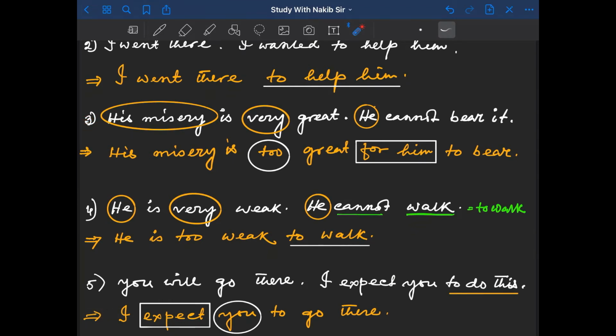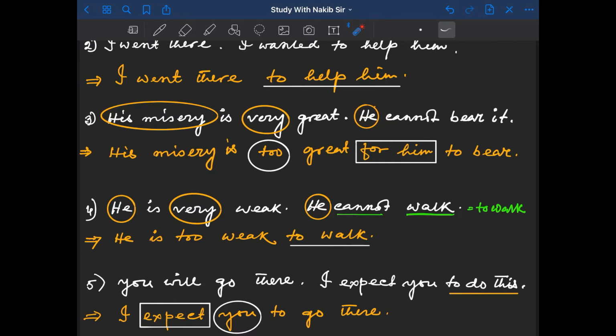Number 3: his misery is very great. He cannot bear it. Check the given two sentences. The subject of the first sentence is his misery and the subject of the second sentence is he. Not the same thing is the subject of both sentences. So again there is some trouble, because a simple sentence will have only one subject and only one predicate in it.